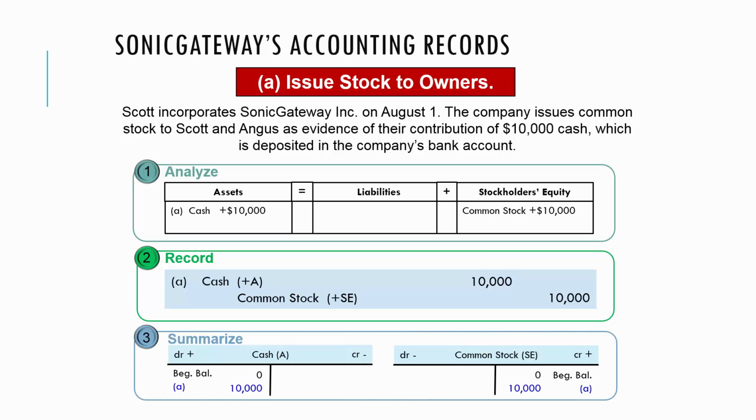If we put it in a T account, we're going to increase our cash. On the debit side is our increase, because you could visualize this as a big T account, the left side debit increase, and on the right side, common stock would be credited. Everything on the right to increase is a credit, so it goes here.